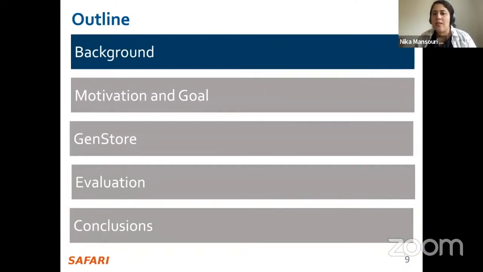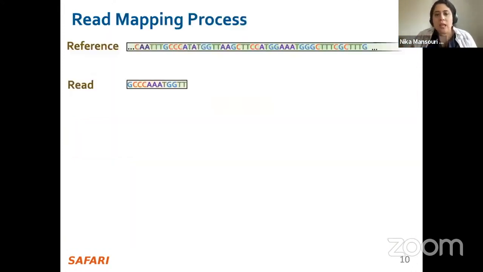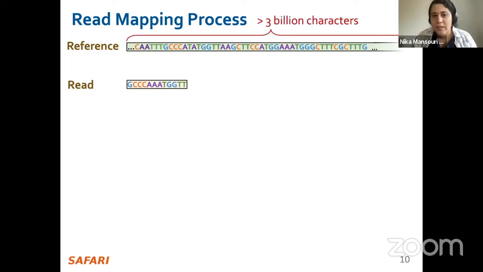Let's start with the background on read mapping so we can dive into the talk and the design of GenStore in more detail. Mapping reads to the reference genomes can be expensive due to the expensive computation on large data sets, and the search space in the reference genome can be very large. For example, the human reference genome contains more than 3 billion characters.